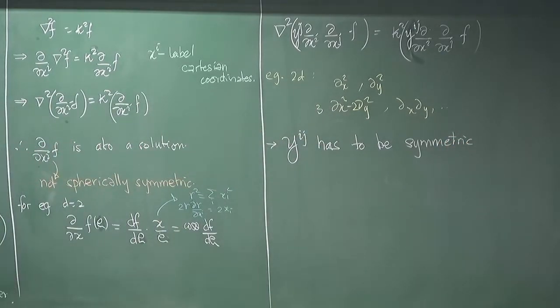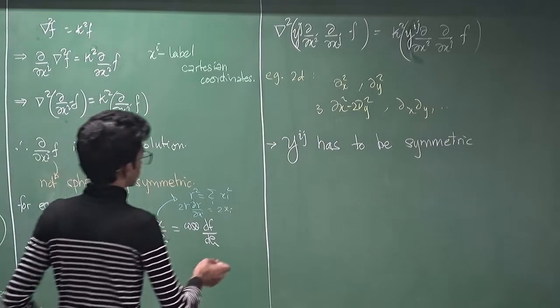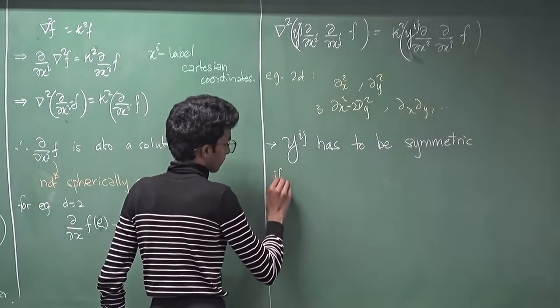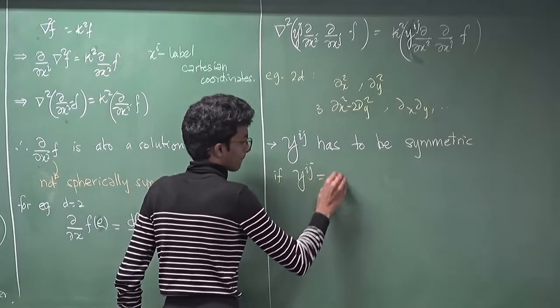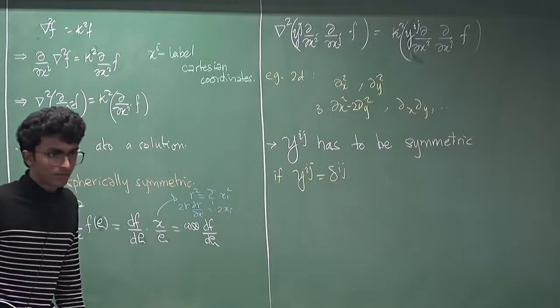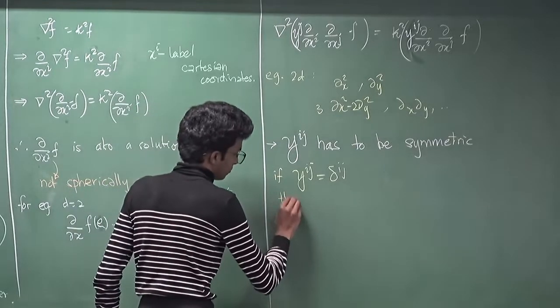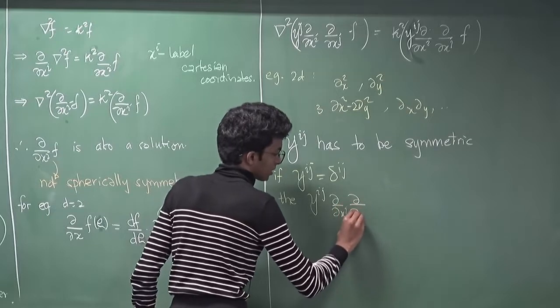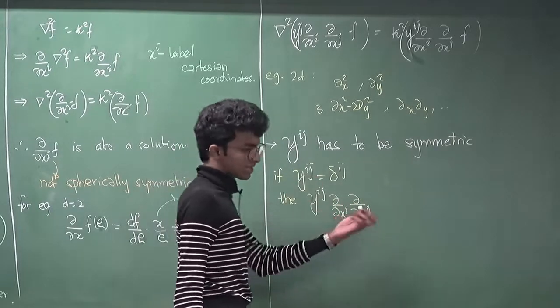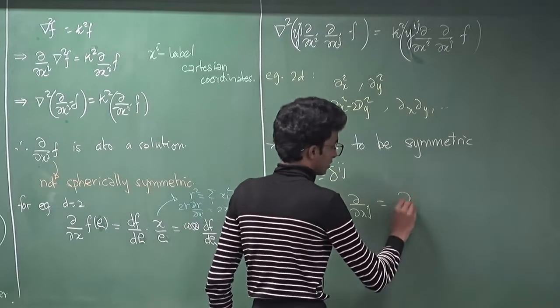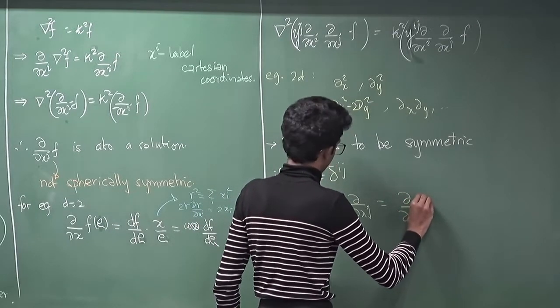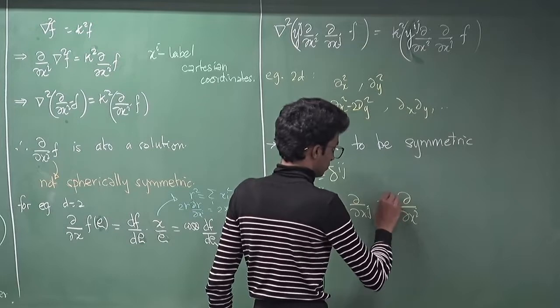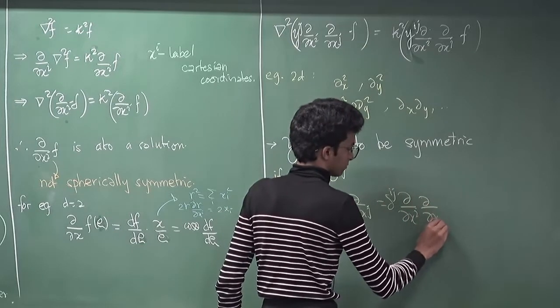Okay. That's one thing. But another thing is that if yij say was just delta ij, identity tensor, then yij times del xi times del xj is just delta ij del xi del xj, which is just del xi delta ij del xj.